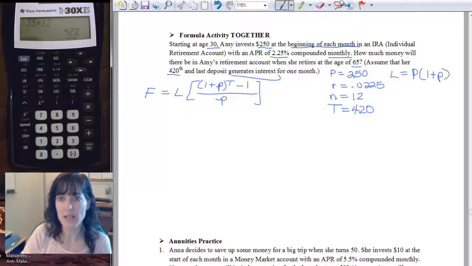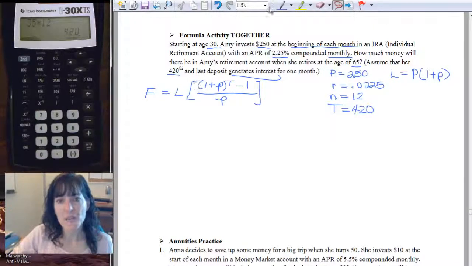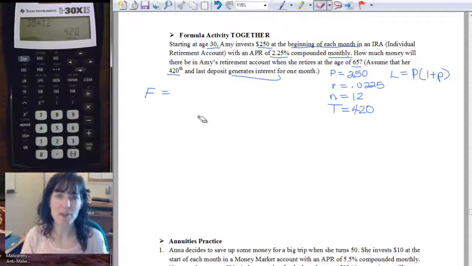Let's see if I can slide that over or not. Nope. Maybe this way. It's not going to select it very well. Okay. Let's just rewrite that portion.